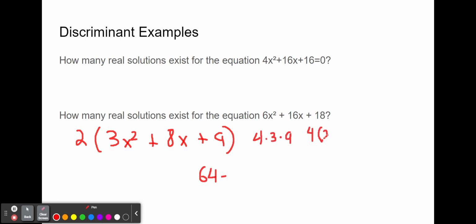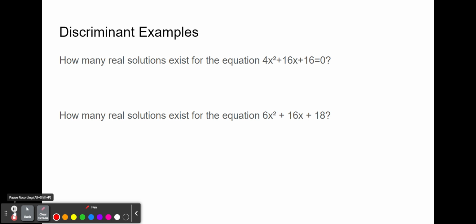It's going to be 4 times 27, which is going to be 108. Sorry, I just had to use my calculator for that real quick. Alright, and then we know that 64 minus 108 is going to be a negative number, negative 44 to be more specific. So that means that the amount of real solutions that exist for this equation is 0. There are no real solutions for that quadratic equation.